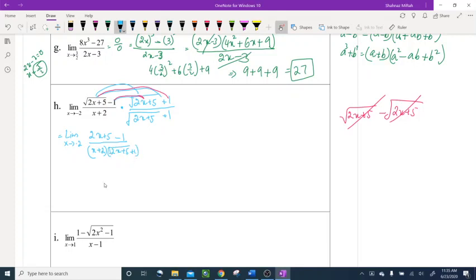That's what it is. Okay, what else can I do up here? I can simplify this. It's going to give me 2x plus 4, and the rest of the stuff stays: x plus 2 and square root of 2x plus 5 plus 1. And please remember this, in calculus, the denominator, you don't solve it. Just leave it alone.